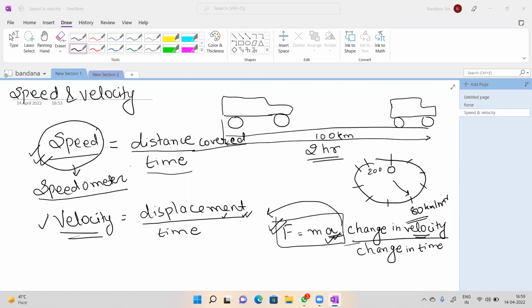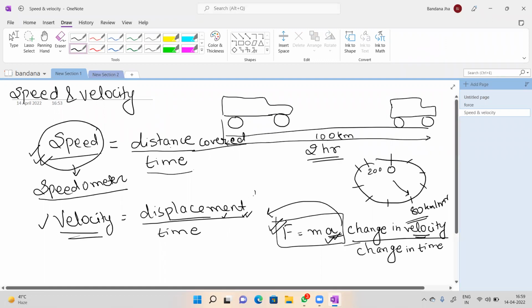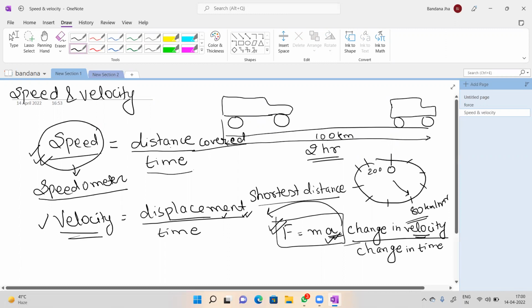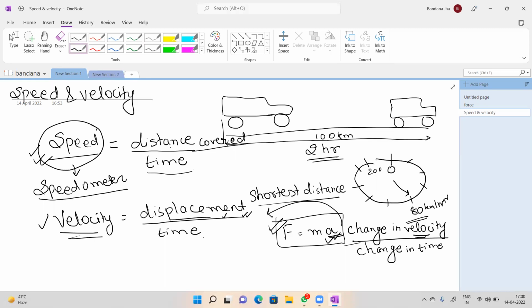Now, displacement is, beta, the shortest distance. The shortest distance my body has traveled. You always walk the long cut, or you always want a shortcut? If you have to go to school, you will take the long cut or the shortcut? Short, obviously.